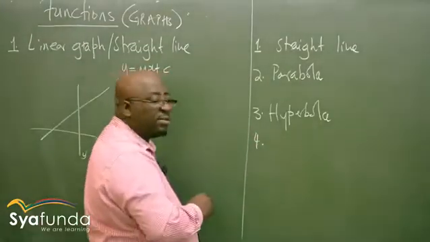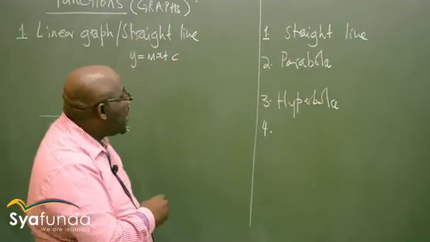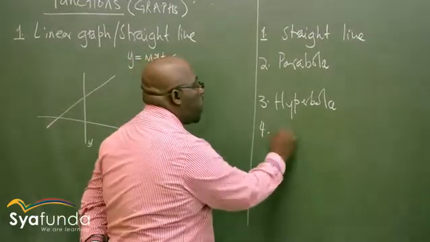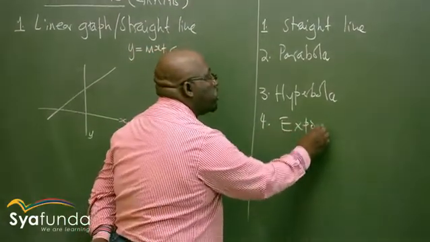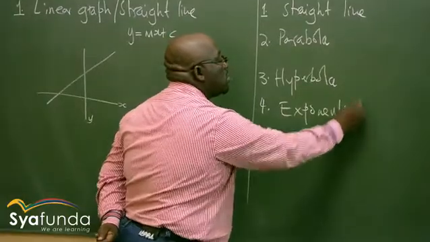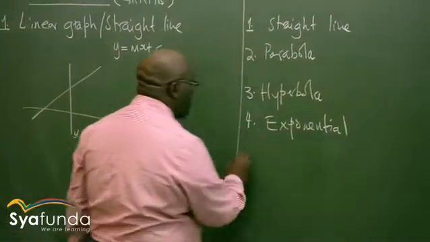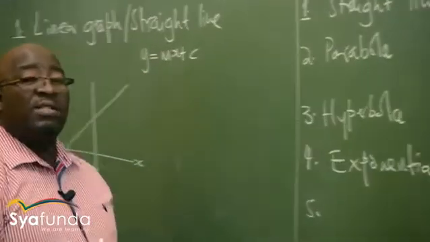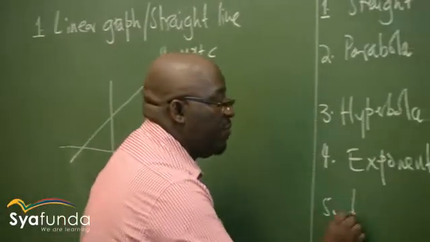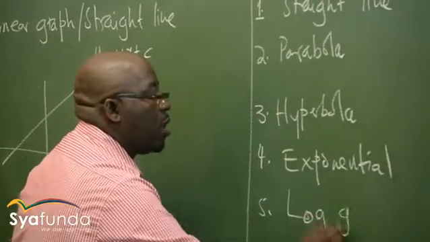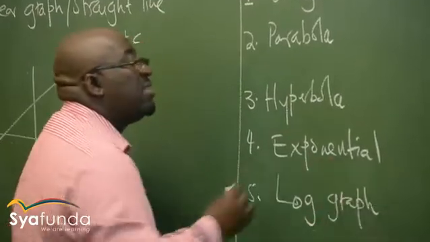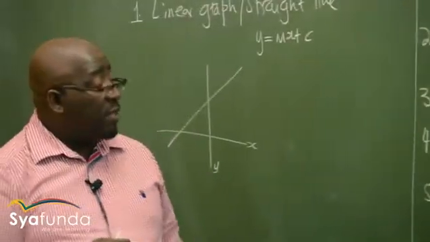The fourth one is a graph called the exponential graph. The fifth one is called a log graph, a logarithm graph. These are the 5 graphs that we'll be looking at in this section.